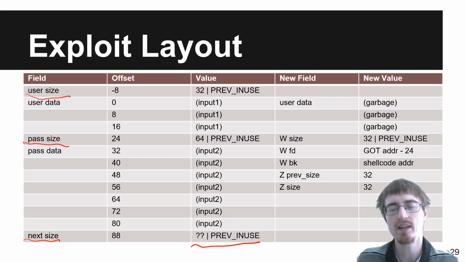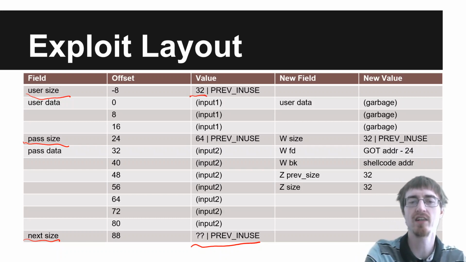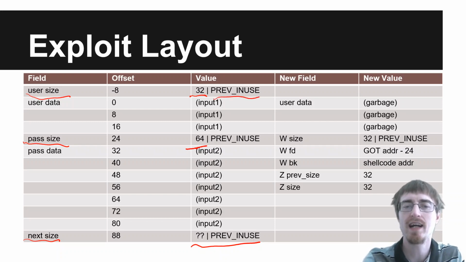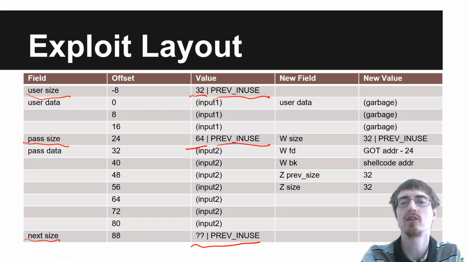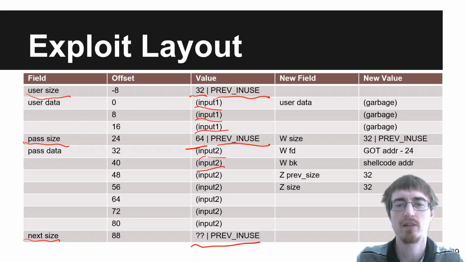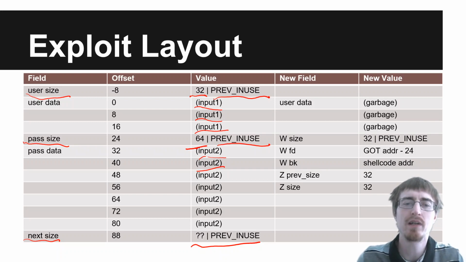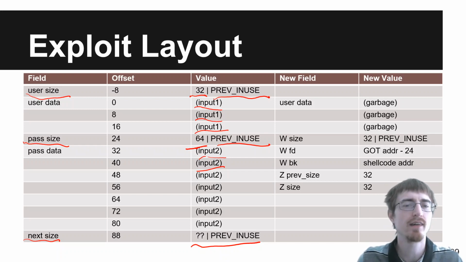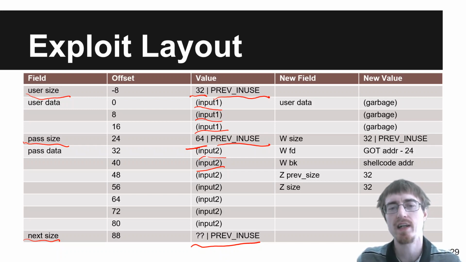Originally the values are simply the block sizes, and keep in mind that they include the overhead, the flags, and the user inputs, which go into the data. These user inputs at this point are harmless. They only become harmful when we overflow the block. So let's do that. We're going to overflow the user data field into the size of the password block.